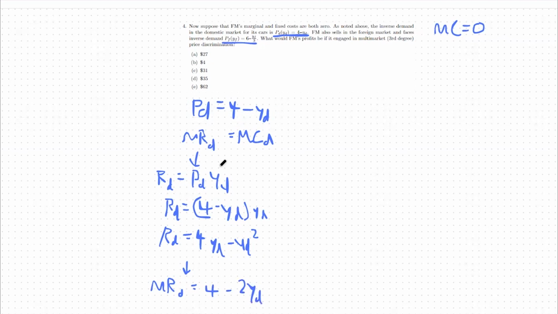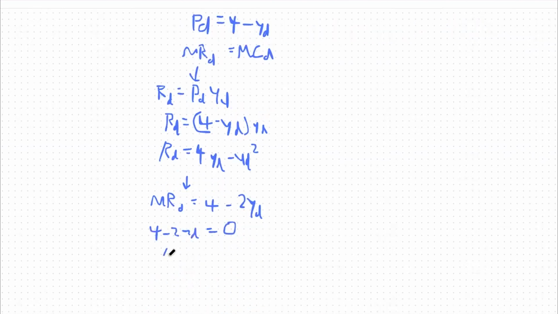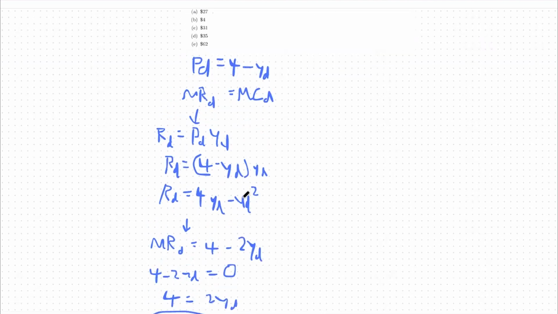Again, we're setting marginal revenue equal to marginal cost. So 4 minus 2Qd will equal our marginal cost of 0 in this case, which means 4 equals 2Qd, or I produce 2 units domestically. Okay, so that's our answer domestically.